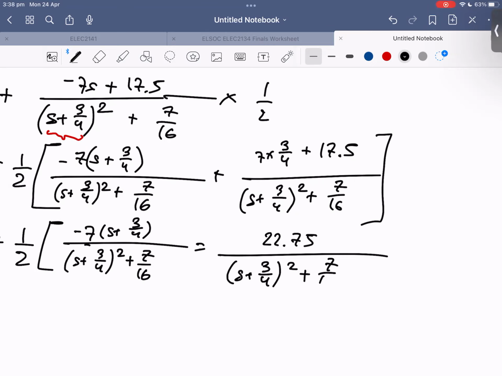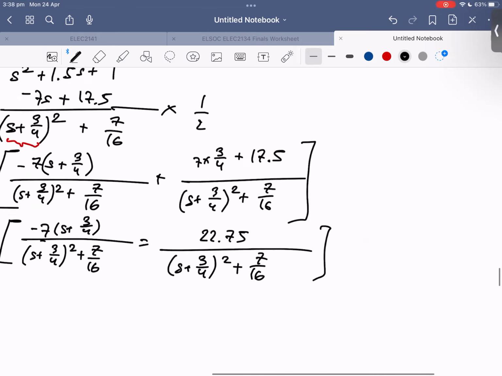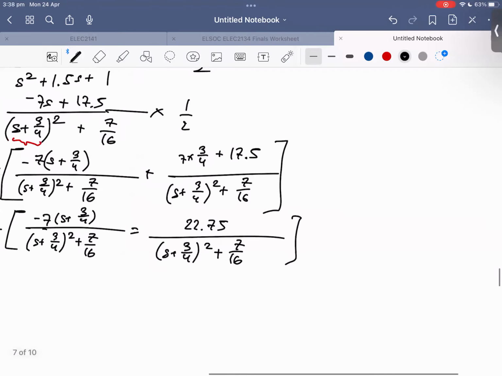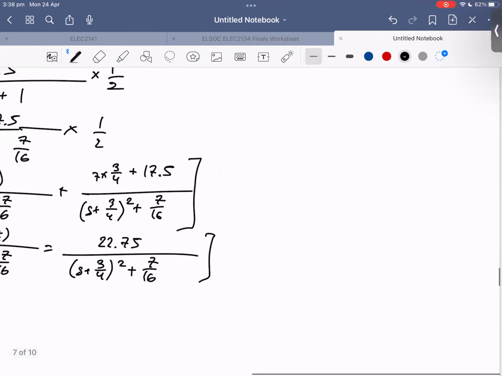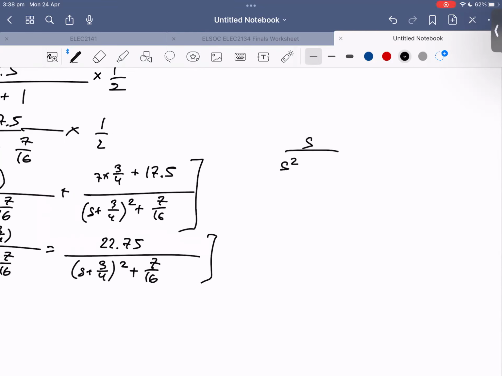Plus 7 over 16. So I guess it might be worthwhile for me to actually write out what the Laplace transforms are. If you have S over S squared plus omega squared, that's cos omega t. And if you have omega over S squared plus omega squared, that is sine omega t.